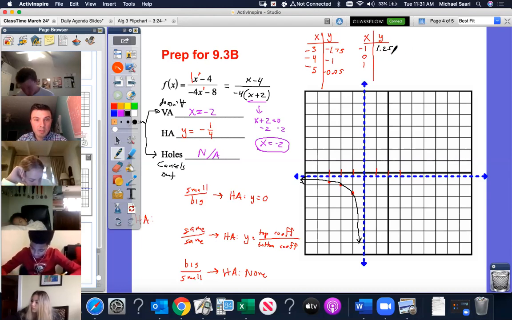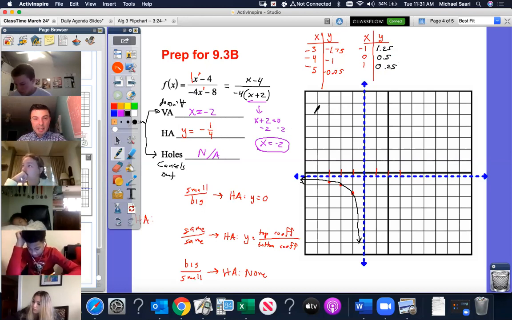Plug in 0, and you'll get negative 4 over negative 8, so 1/2, so 0.5. Plug in 1, you'll get 0.25. So those are our 3 values that we're going to plug in there.